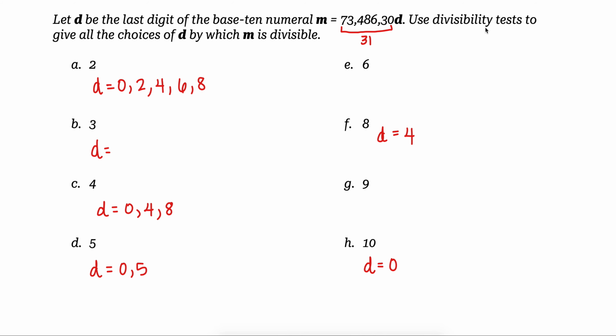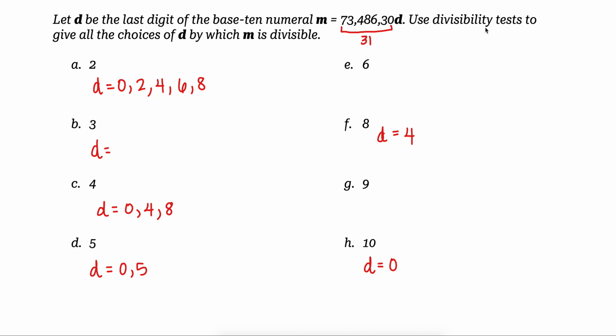For the entire number to be divisible by 3, 31 plus whatever D is has to be divisible by 3. If D is 0, we're still at 31. That is not divisible by 3. If D is equal to 1, 31 plus 1 is 32, still not divisible by 3.